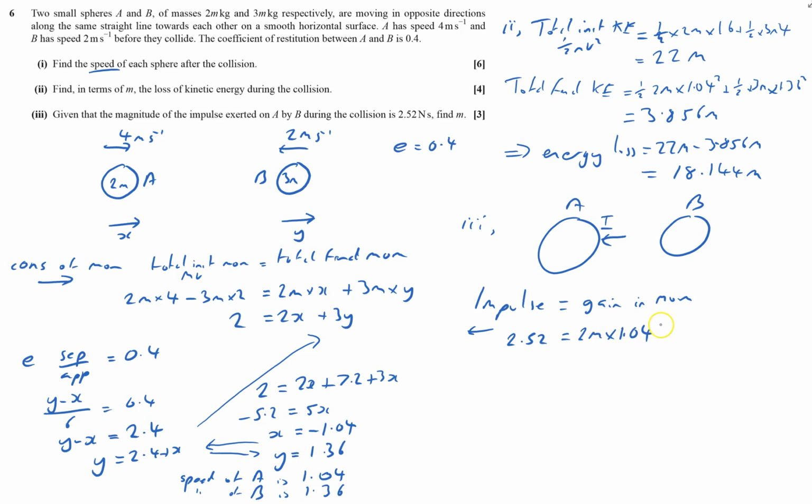So that's the first thing, and then minus 2m times the initial velocity, which is to the right, so times negative 4. And that will give me 2.52 equals 10.08m, and so m equals 0.25 kilograms. And that's question 6 worked out, and that's done.